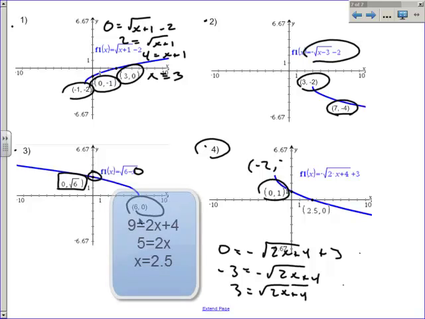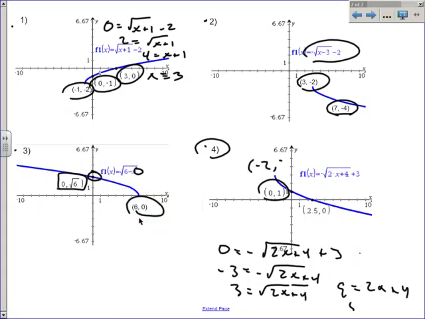Squaring both sides, 9 is equal to 2x plus 4. Subtracting 4 from both sides, 5 is equal to 2x. I hope you can hear me and not have to just rely on reading this, because this number here is actually a 4. So x is equal to 5 halves. That's where we got the point 2.5, 0.